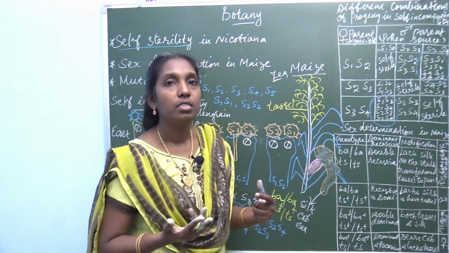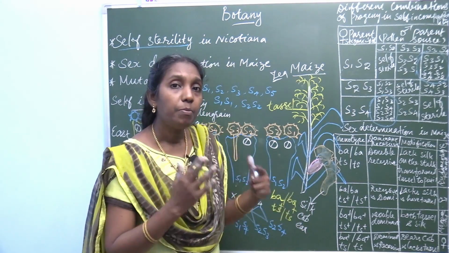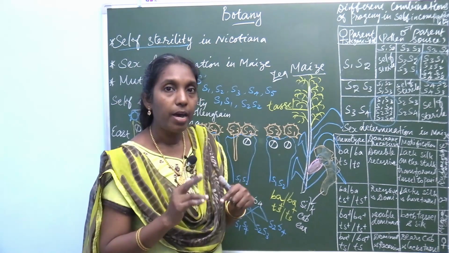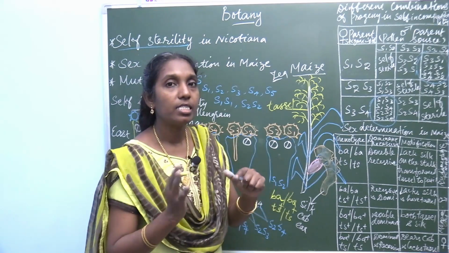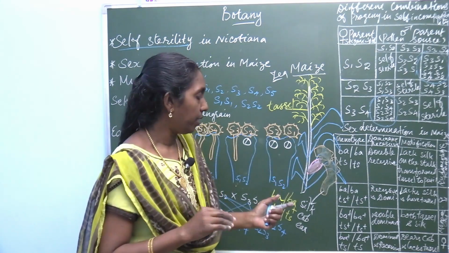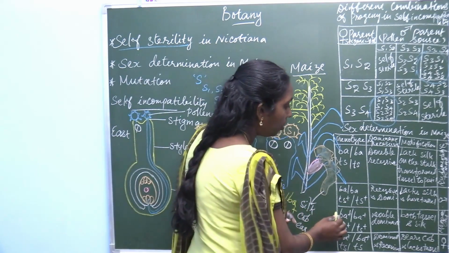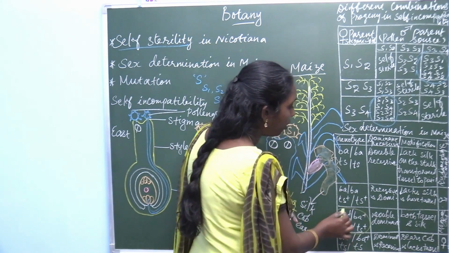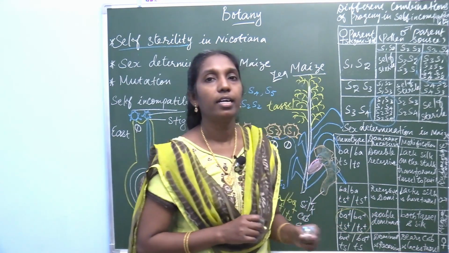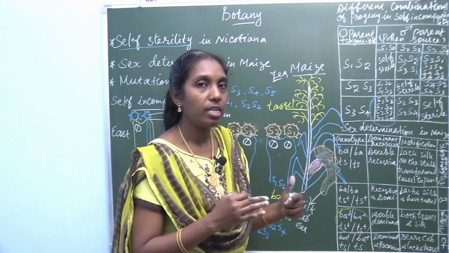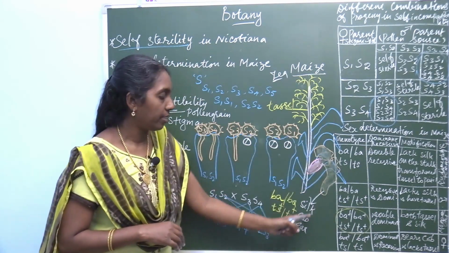Then the third genotype: BA dominant, barren dominant, and TS dominant. Both are dominant, a double dominant. So both tassel and silk develop. It gives the monoecious condition like this.